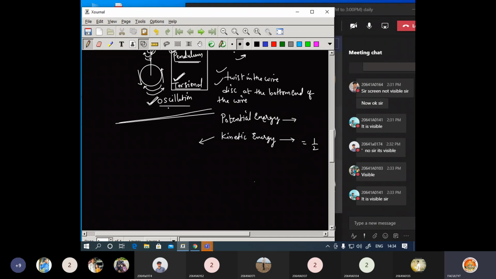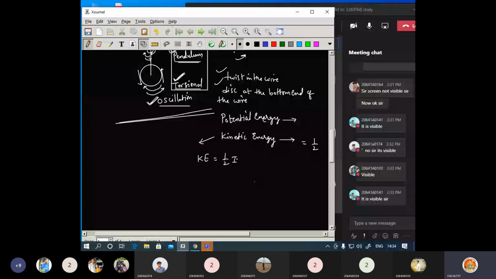As the disk is going to experience the acceleration, instead of k that I wrote here, I am going to give the expression in terms of moment of inertia. Now kinetic energy, I am writing it as KE, which equals half I.